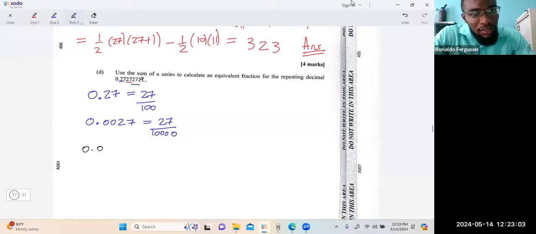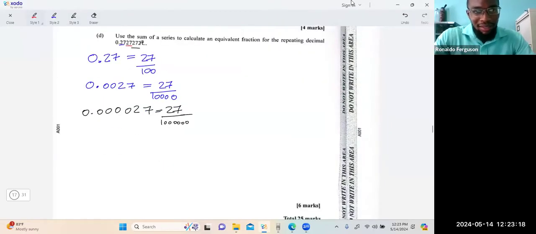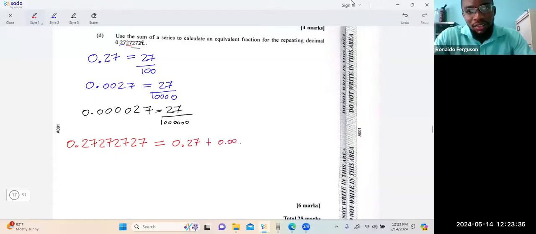Then I have 0.000027, that's 27 over 1 with 6 zeros. And it continues. So what am I saying, guys? I am saying 0.27272727 is the same as if you were to add 0.27 plus 0.0027 plus 0.000027.